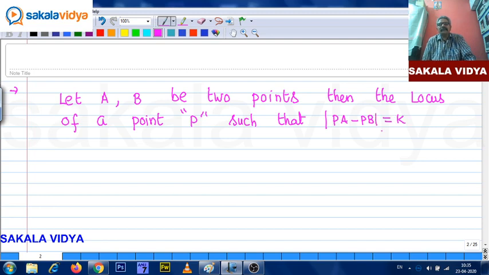That means PB minus PA or PA minus PB is, first one, a hyperbola if k less than AB.